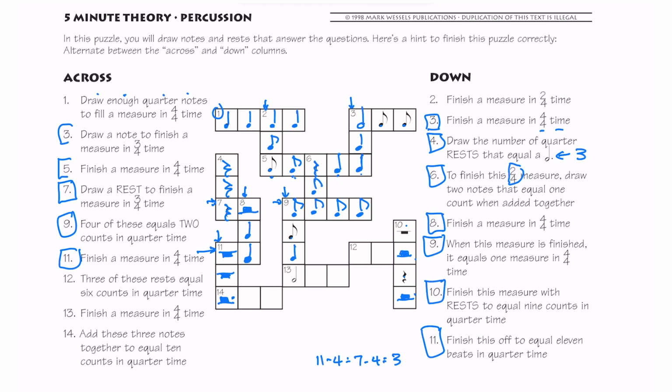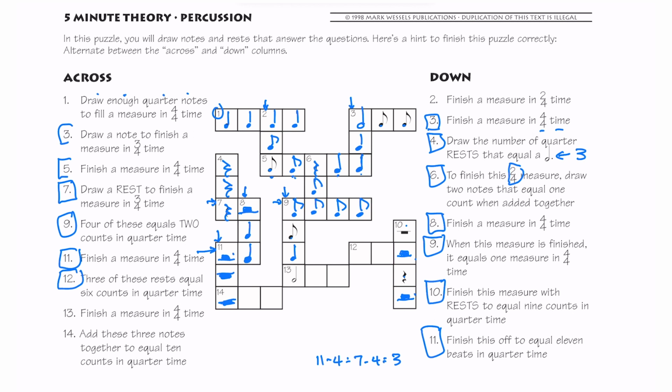Ooh, so I have to erase this, and I have to switch those 2. Ah, tricky, tricky. Dotted half rest plus a quarter note equals 4/4. Whole note, and now I need another whole note. Really pretty whole notes too. I probably should have done 11 across first, and then I would have figured it out.